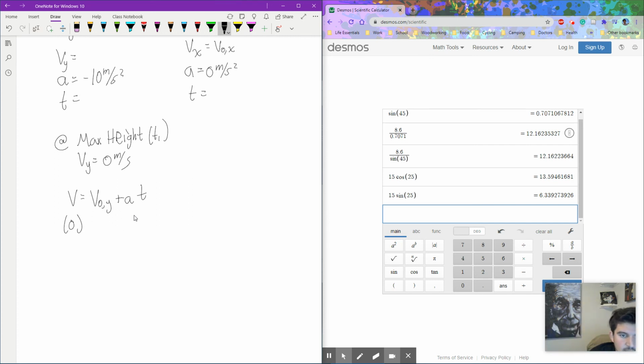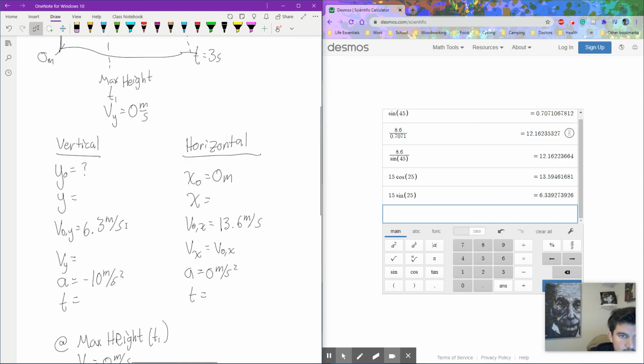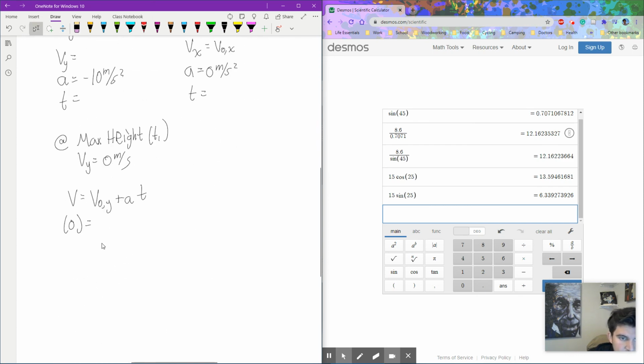Its final velocity was 0 at this point. Its initial velocity was 6.3. Sorry, I keep forgetting to put my y's on things. Its acceleration was negative 10, and we're ultimately going to solve for the time. After a little bit of algebra, I get a time equal to about 6.3 seconds.